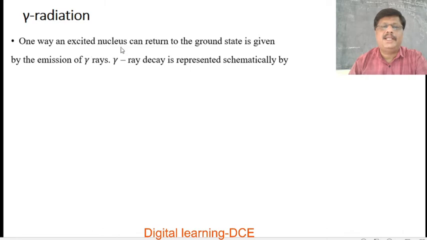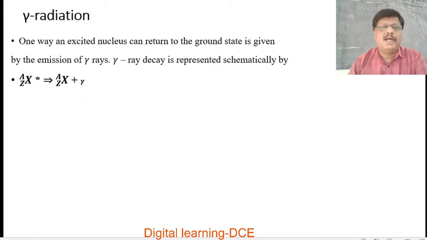One way an excited nucleus can return to the ground state is by the emission of gamma rays. Gamma ray decay is represented schematically by ZXA star, or asterisk, gives rise to ZXA plus gamma. That means a nucleus in an excited state comes to the ground state by emitting gamma radiation.